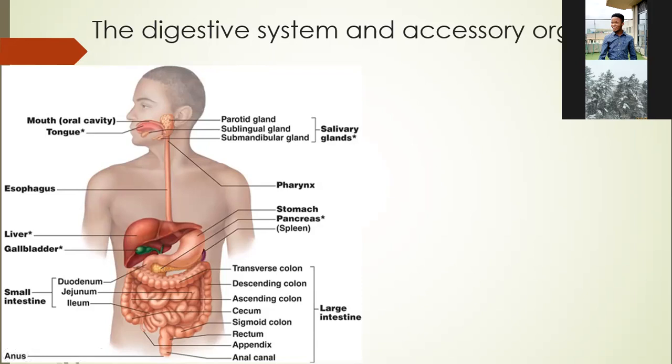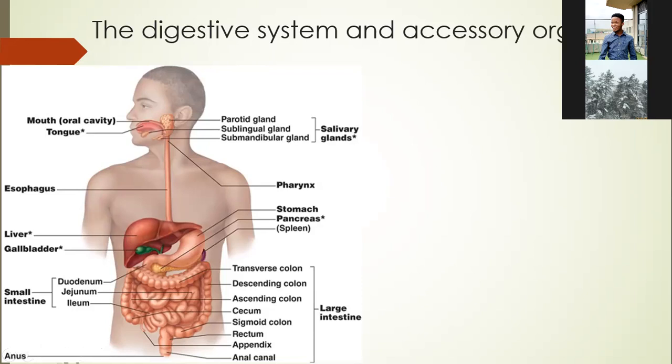You can have the carboxypeptidases, aminopeptidases. We also have pancreatic amylase that will target the carbohydrates, and pancreatic lipase that will target the lipids. All these enzymes are secreted within the secretions of the pancreas that we term the pancreatic juice.